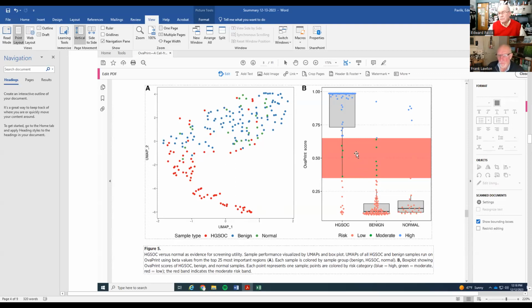And from this concept of the paper, if we move over to the right side of this graph, what we can see is there are different numbers of things being analyzed in the three different groups, with the normal ovarian tissue group on the right here having the least amount of points in it, and benign not having as much as the high-grade serous ovarian cancer.